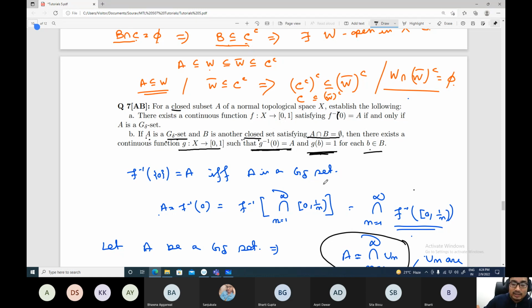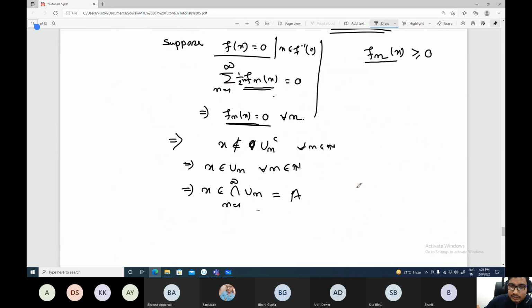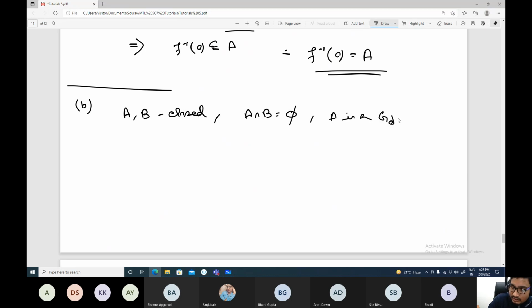That Moore plane is completely regular, but not normal. Okay. Actually, here we are given two spaces, A and B closed, where A intersection B is empty, also given that A is a G delta set.